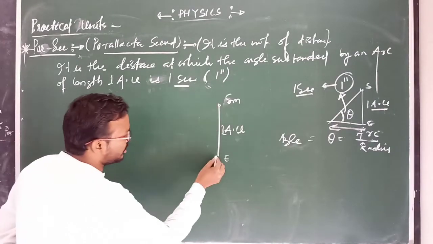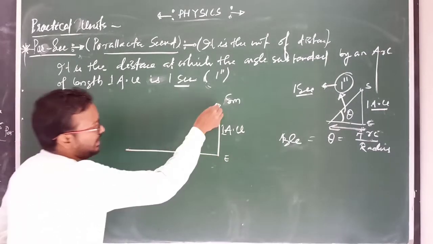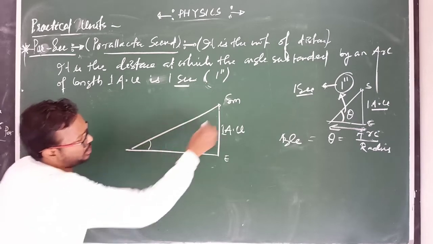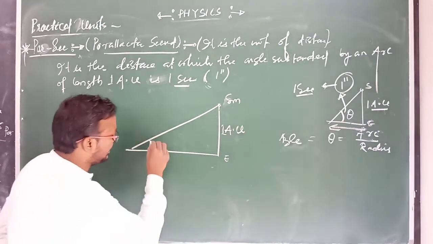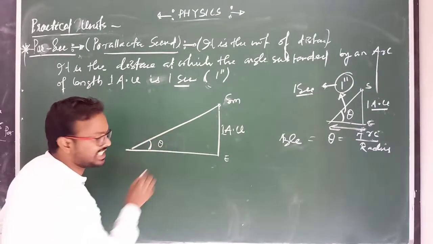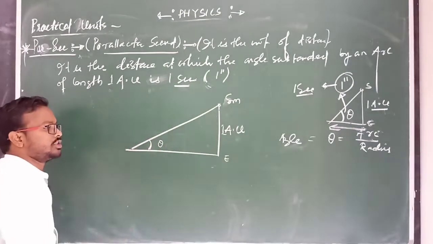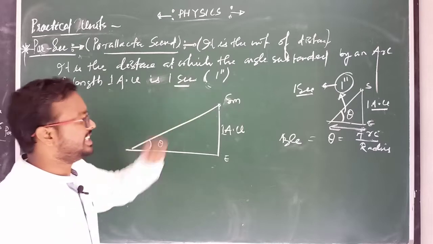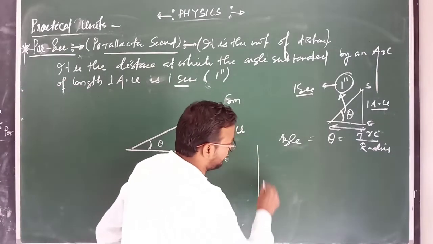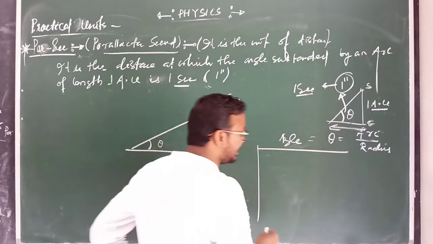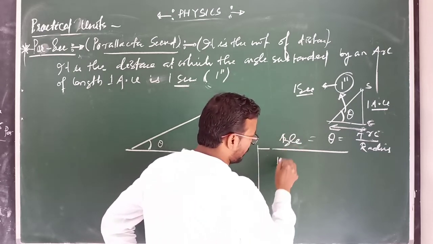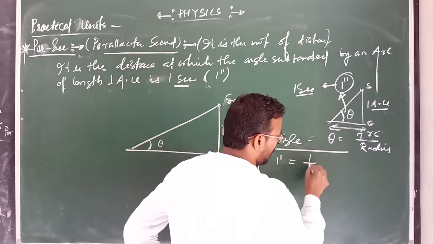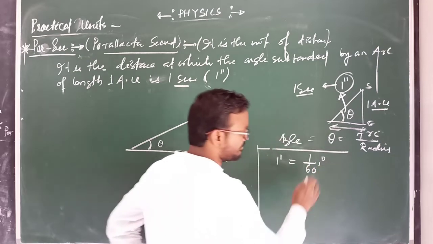Suppose this is the angle subtended by this arc of length 1 astronomical unit, and this angle theta is here less than 1 degree. You have to know the basic idea about degree and minute: 1 minute is equal to 1/60 degree.